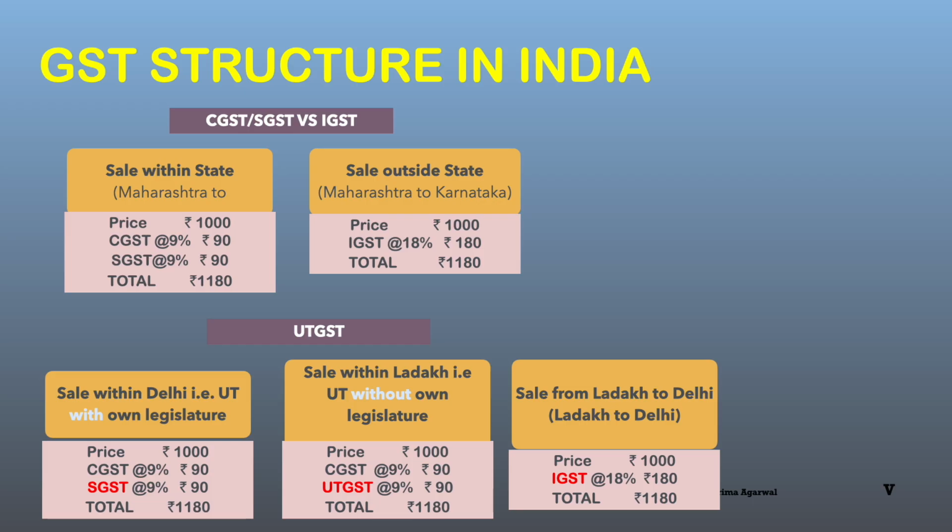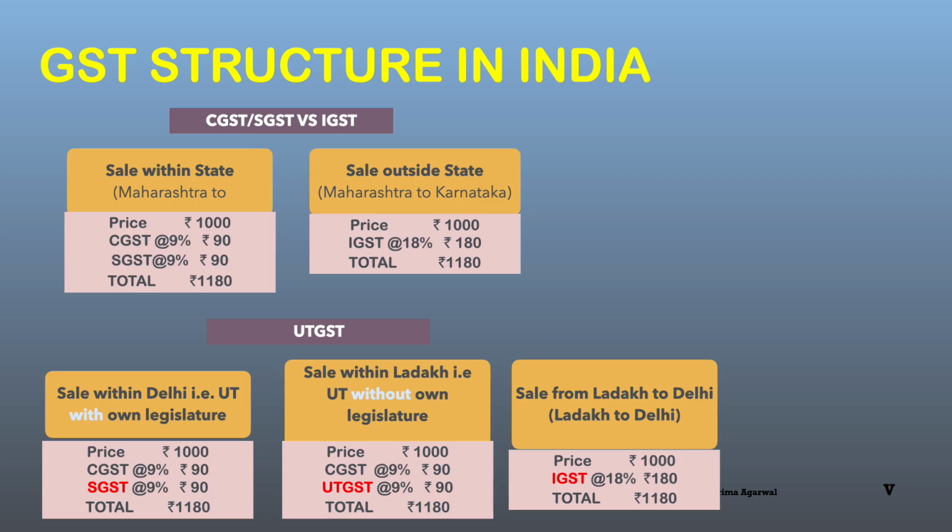So let's say the GST rate here is 18%. So it will be equally divided between CGST and SGST, that is 9% each. So if the price is 1,000 rupees, then 90 rupees is the CGST and 90 rupees is the SGST, equally divided. And then the total price comes to 1,180 rupees.